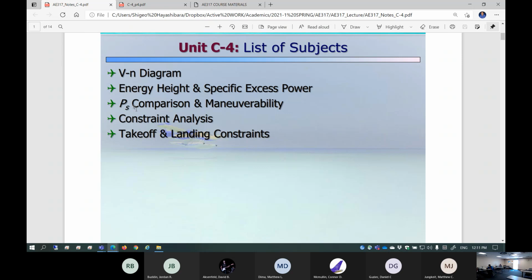And then we're going to take a look at the Ps diagram. Ps is the specific excess power. The Ps diagram is quite important. It shows up all the time. And also the maneuverability diagram, it also shows up all the time. And then in the second half of this unit C4, I'm going to introduce constraint analysis. In other words, these are the constraints of the design.